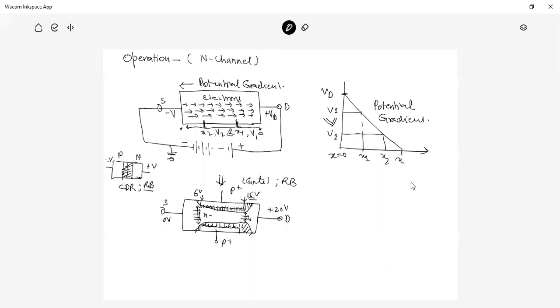This one is a way to express this FET, and this one is the FET depletion region. So this is all about this part of the FET and its direction.